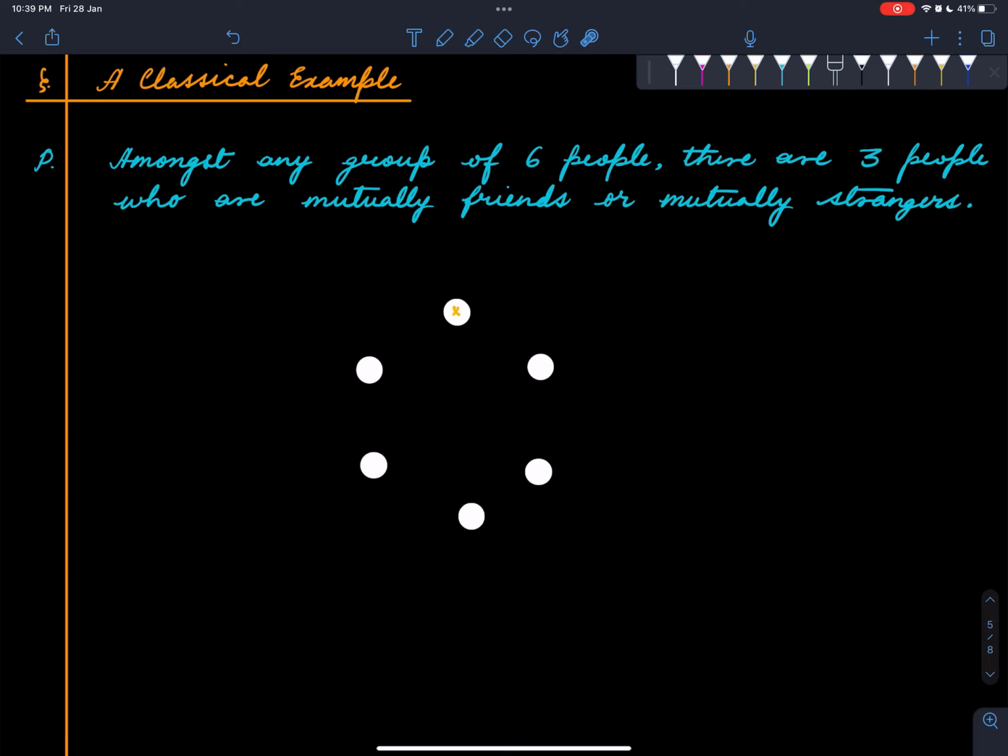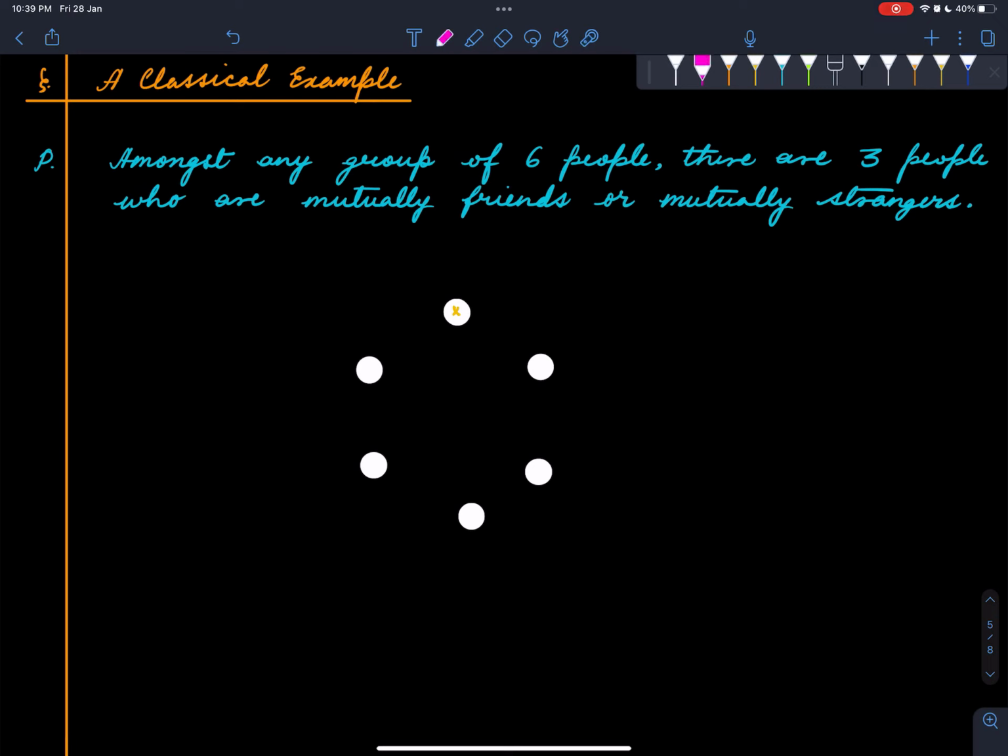Now this guy is emanating a total of 5 edges because there are 5 other people, and each edge is either red or blue because each one is either a stranger or a friend. Since there are 5 edges and only 2 colors, there must be a color that will be used in at least 3 edges.